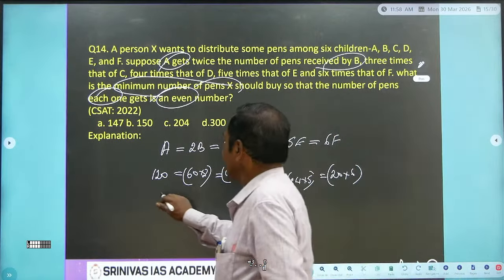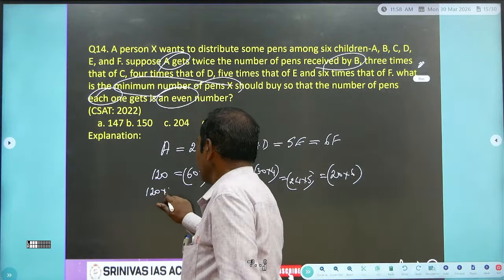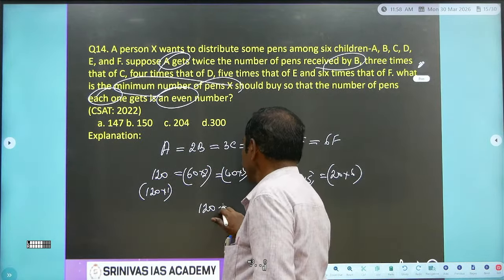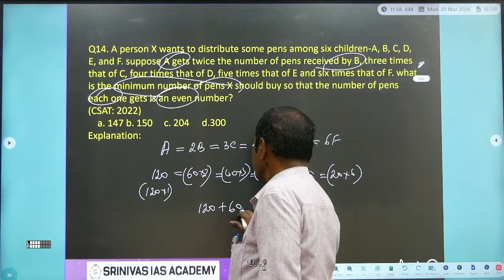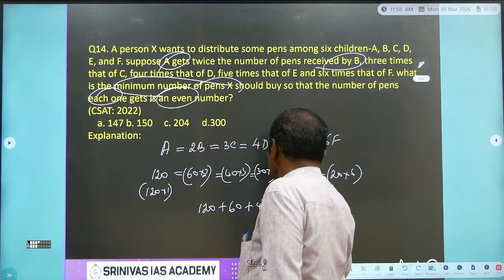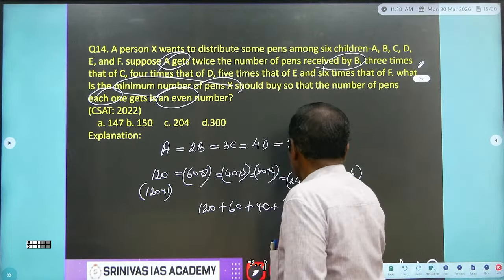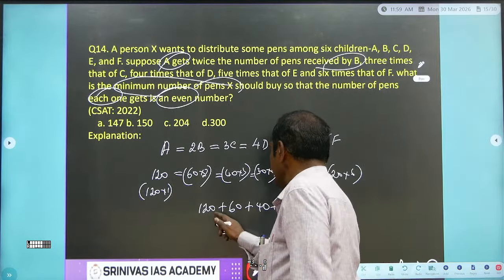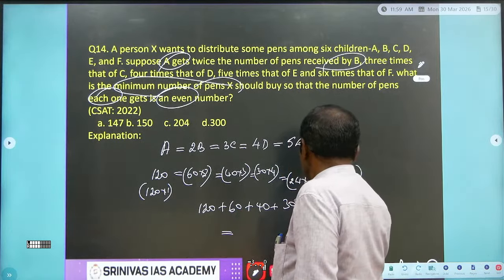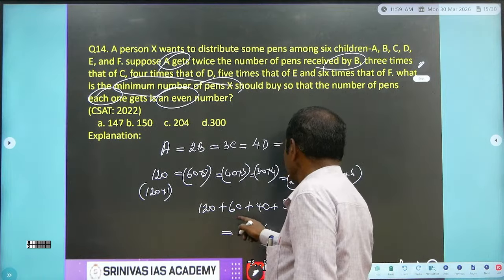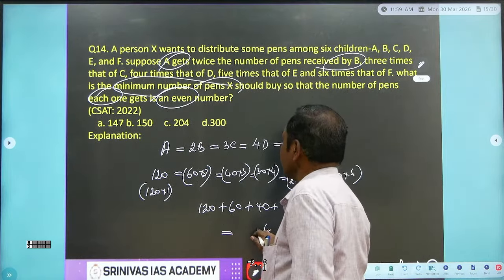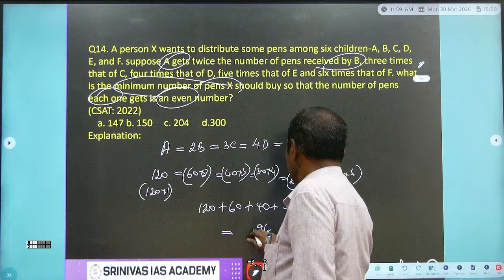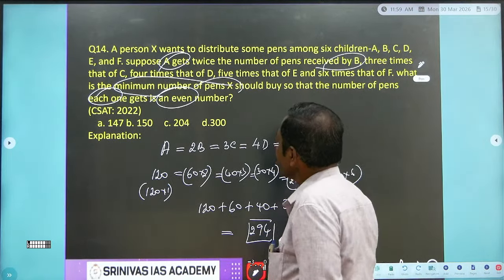This is 120 into 1. So 120 plus 60 plus 40 plus 30 plus 24 plus 20. Total is 294. We will get 294, no, sir?